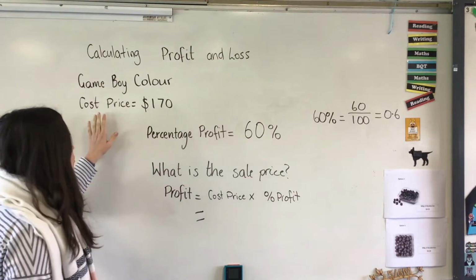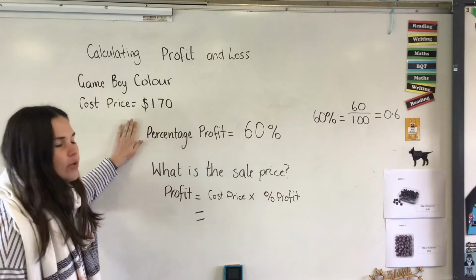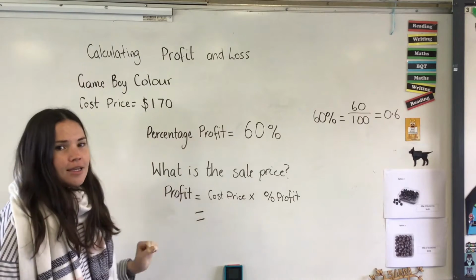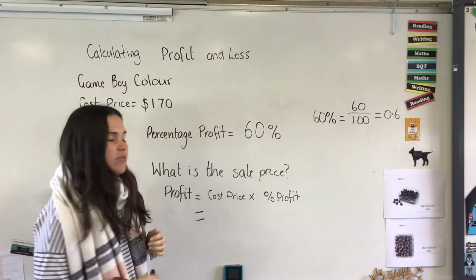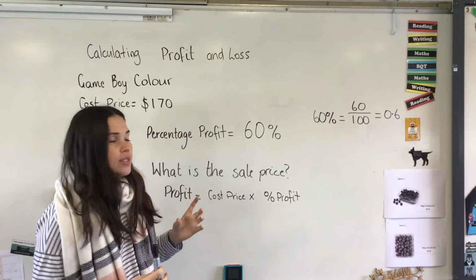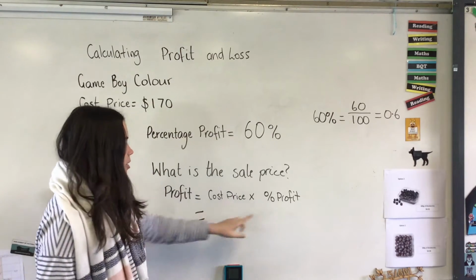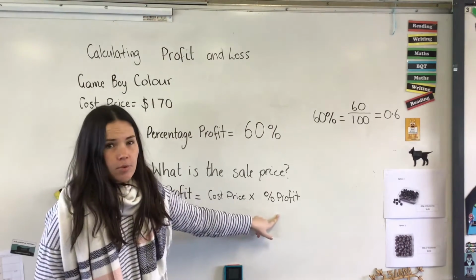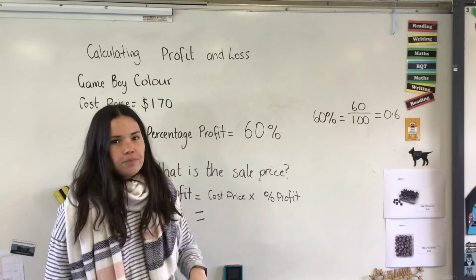So we've got our cost price and we've got our percentage profit. Now, I personally prefer to multiply when I'm using decimals. So I'm going to put a decimal in for my percentage profit instead of the percentage.